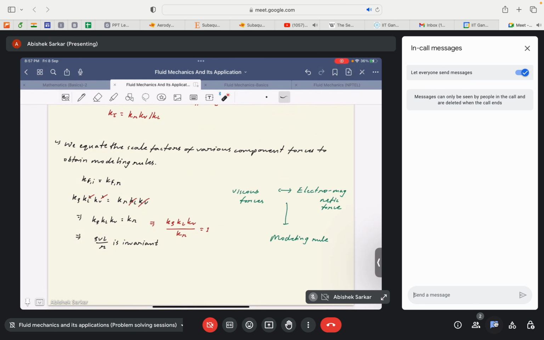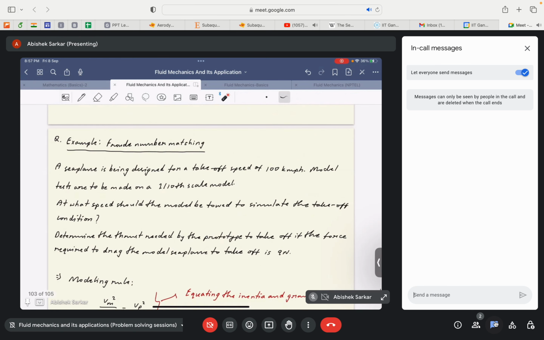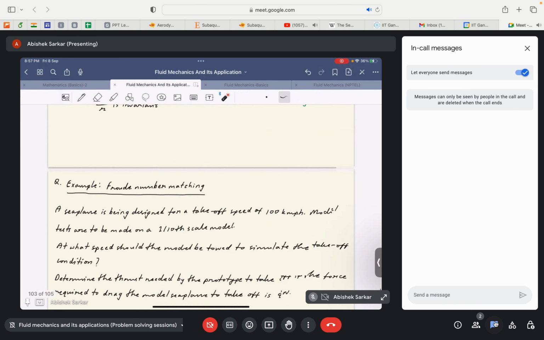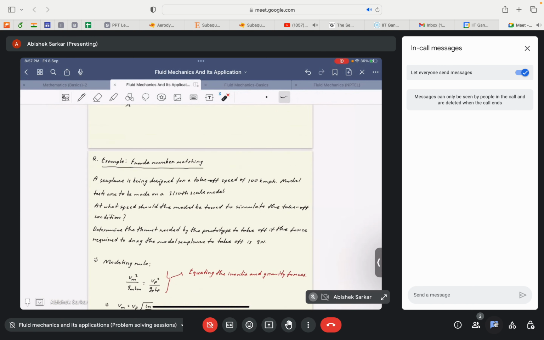So this is the approach that we usually follow. And after that, just compare these two non-dimensional numbers in the case of the prototype and the model, and then get the required value of the parameter that you need to find in the case of the model or the prototype. Okay. So there is an example in the lecture, so I'll just briefly go through it, because I have one more topic to discuss.